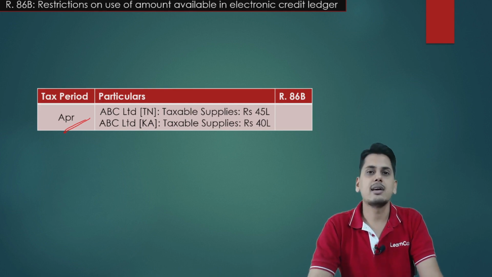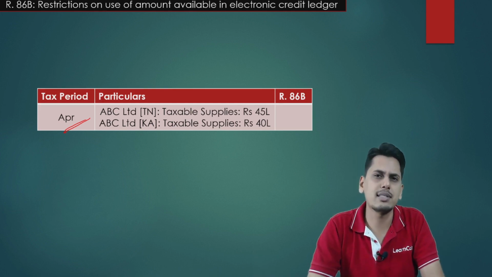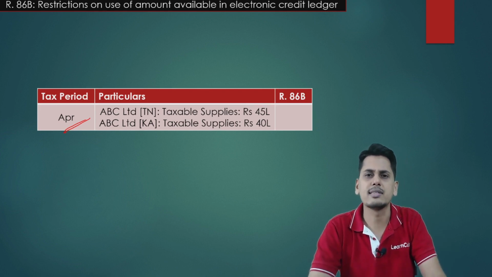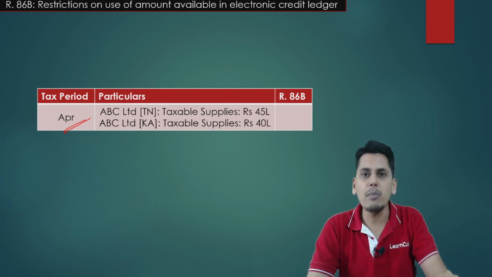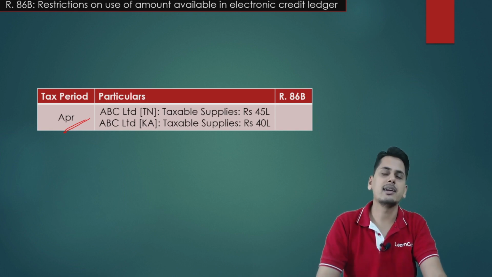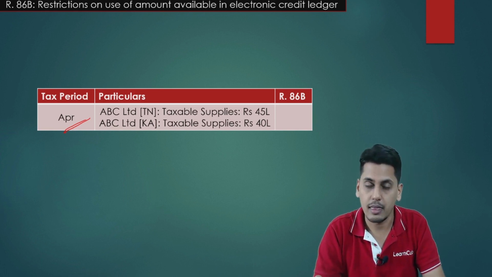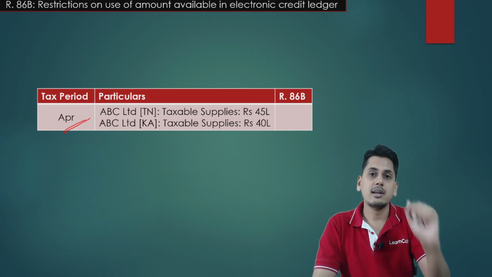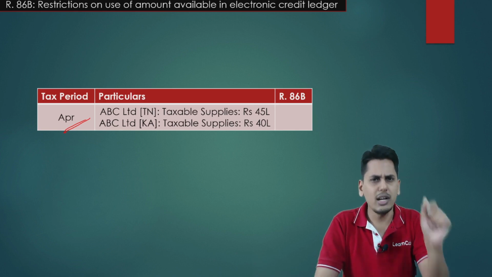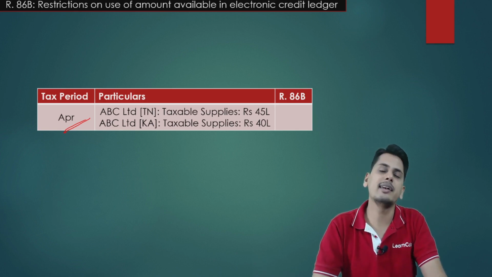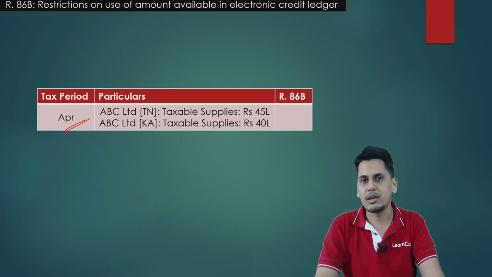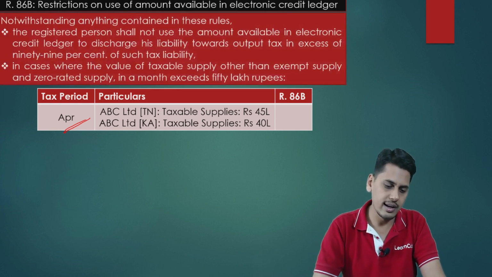Now the question is, as regards the value of taxable supplies, that 50 lakh rupees, should I check it PAN number wise or should I check it GSTIN wise? I repeat, friends, the 50 lakhs threshold, should it be checked PAN number wise or GSTIN wise? Friends, let's have a look at 86B.